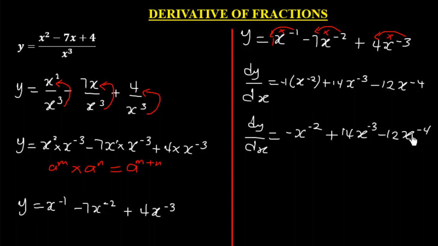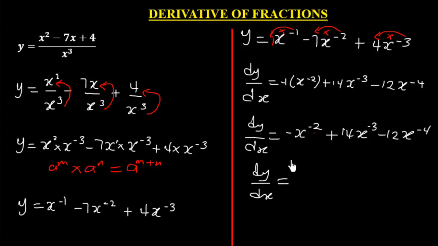Alright, so this is correct, but if you want to write it in fraction form, once again we are going to move the x with the negative exponent down to become a denominator. And remember, the moment we change the position of a variable with an exponent from numerator to denominator, or from denominator to numerator, the sign of the exponent has to change.